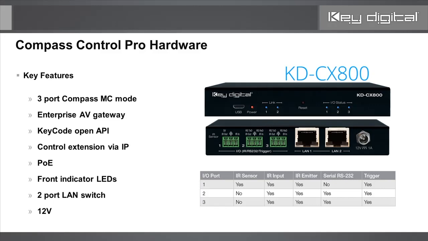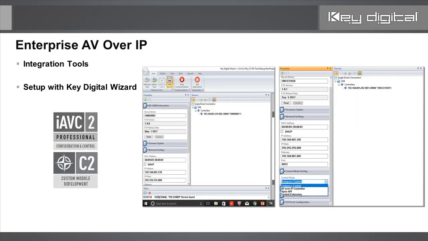You have 3 control ports: IR, RS-232, voltage sensing, voltage triggering. You have a network pass-through as well. And you can configure the CX800 and MC1000 using the KeyDigital wizard, making it very, very easy. And we teach all of this in the Level 2 certification courses.